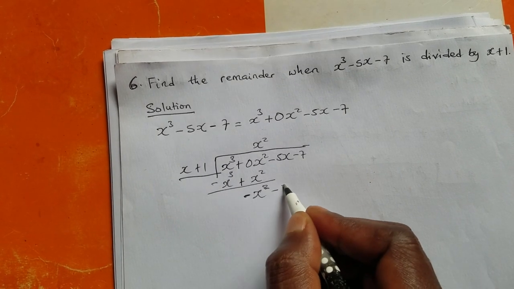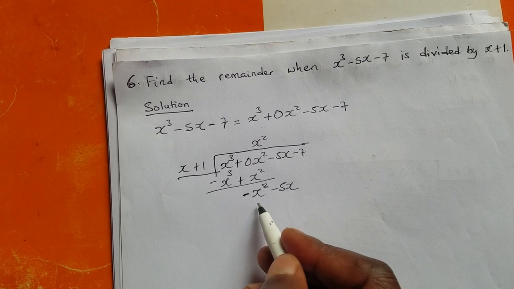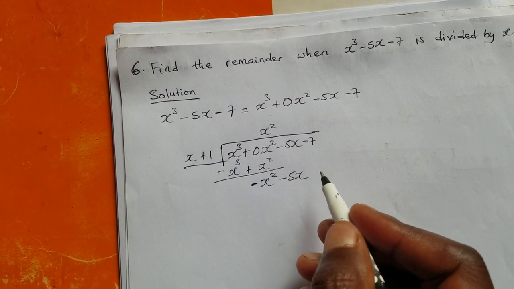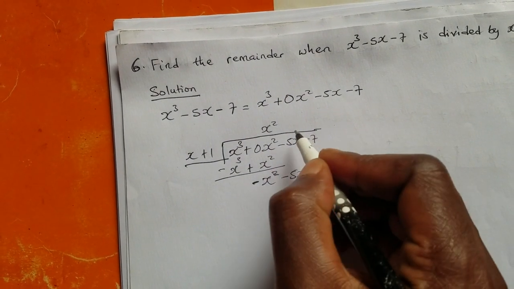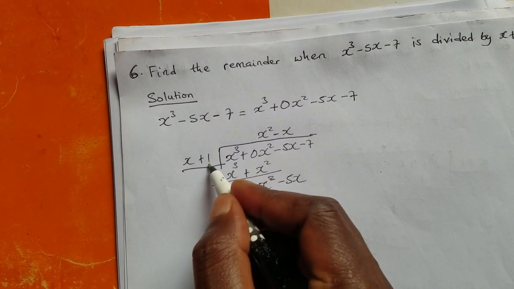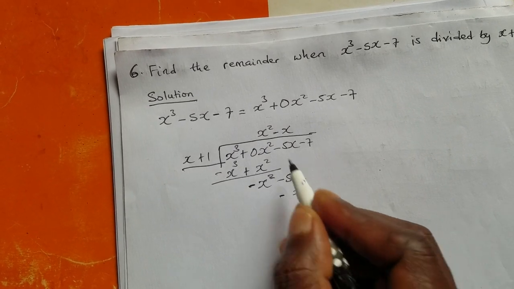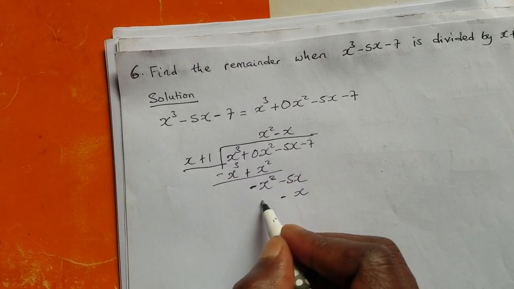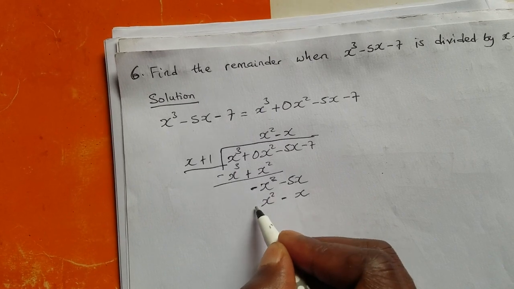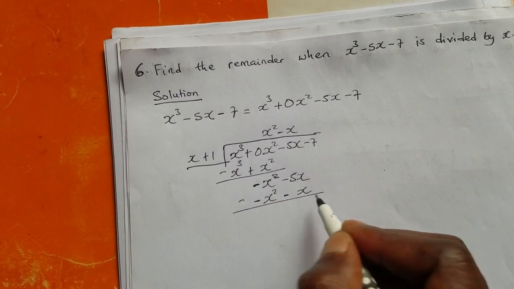We are going to drop 5x. x plus 1 into minus x squared minus 5x, it is minus what? x. Multiplying with 1, minus x multiplied with 1 is minus x, and minus x multiplied with x is minus x squared. You subtract as well.